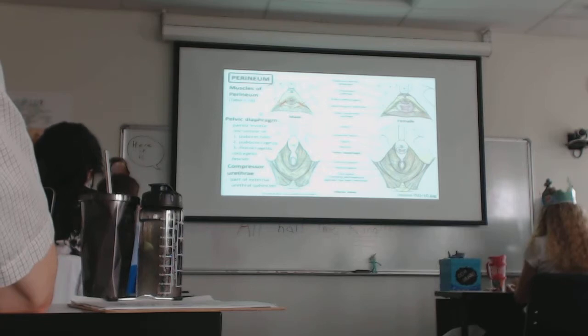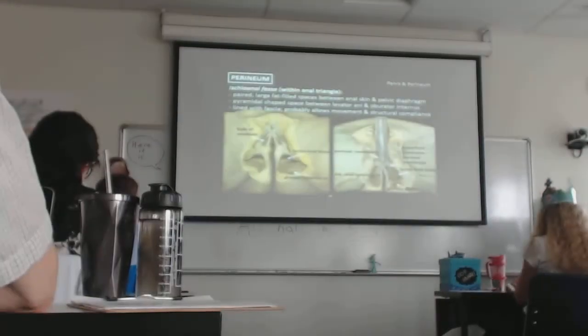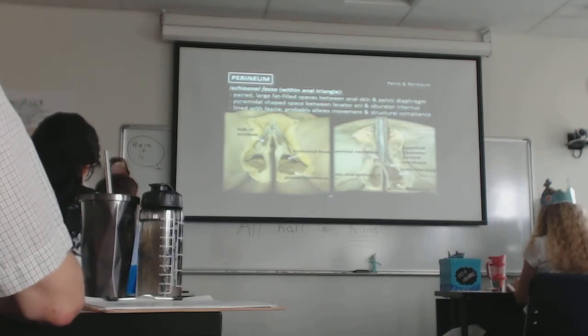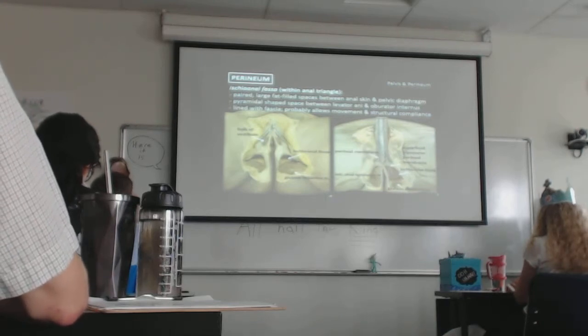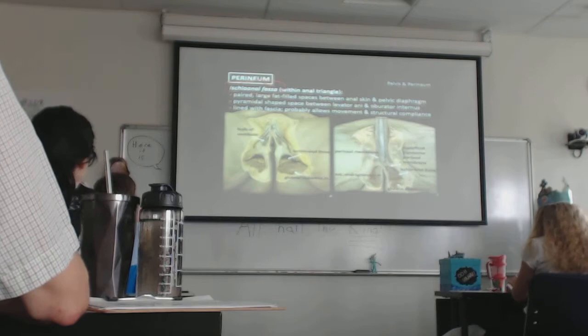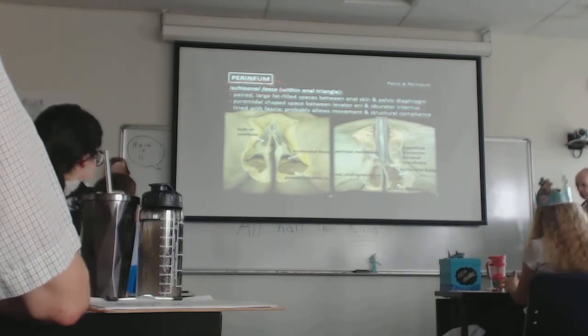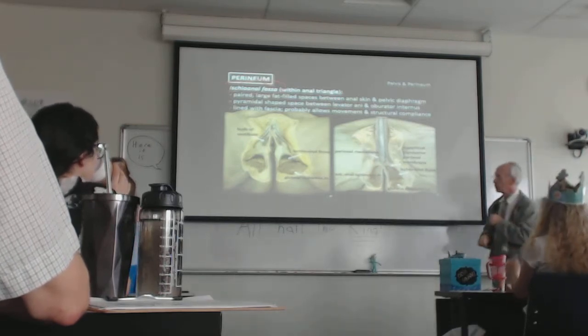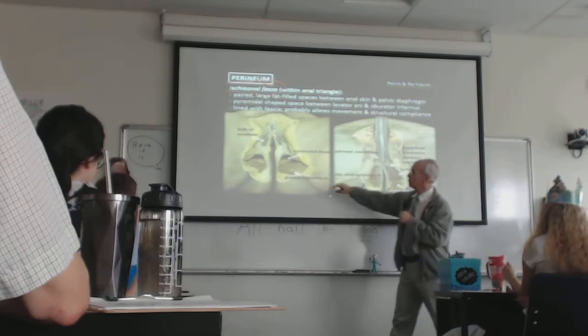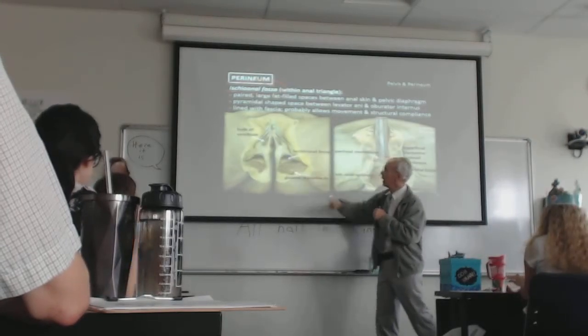And be sure you know the components of the levator ani. We've already talked about these. There's also this interesting portion of the male and female anatomy called the ischioanal fossa, and this is just a fat-filled region or cavity anterior to the gluteus maximus.